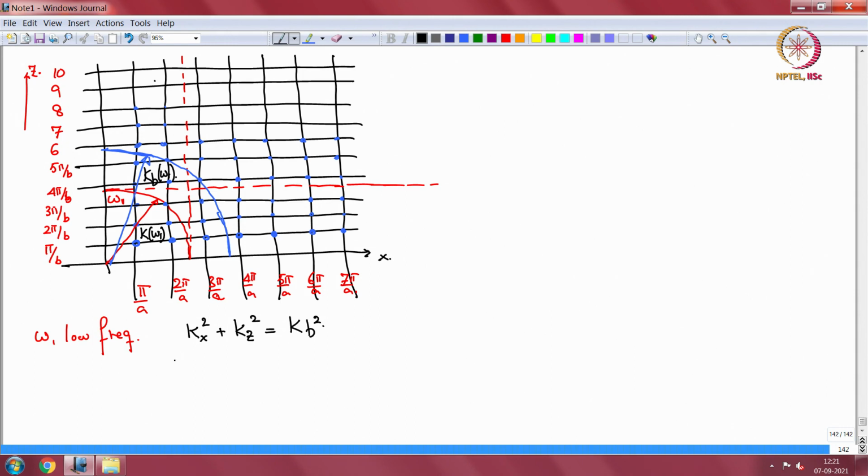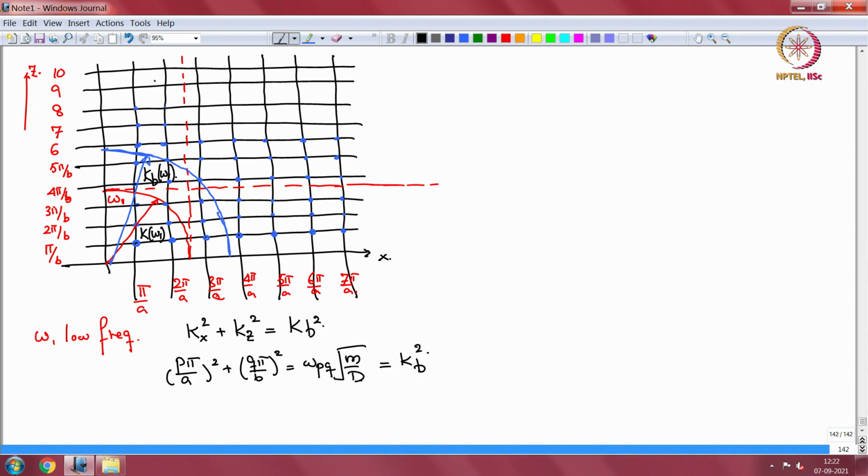And we also said that (p pi by a) whole squared plus (q pi by b) whole squared is equal to omega pq square root of m by D. And this is also kb squared. It's from the same equation.